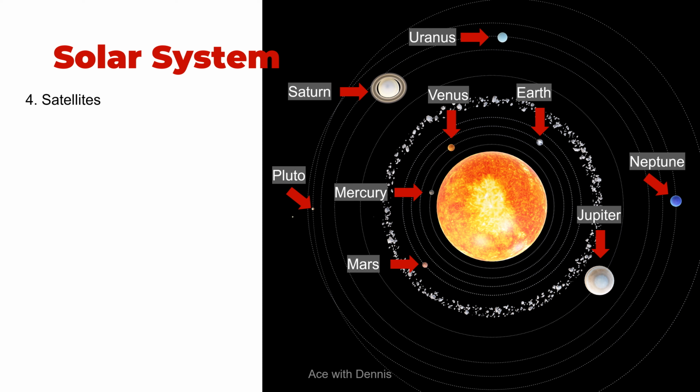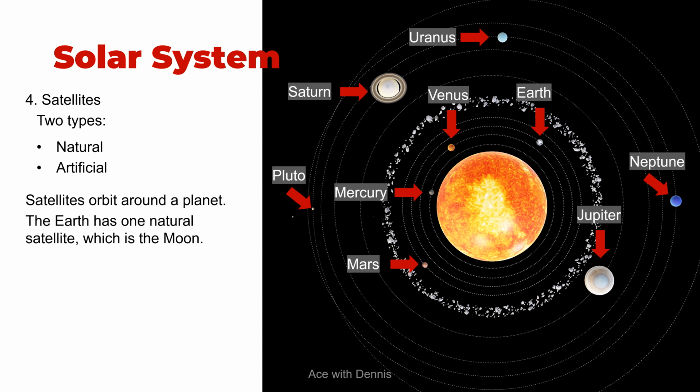4. Satellites. There are 2 types of satellites, which are natural and artificial. So what are satellites? Satellites orbit around a planet, and different planets have different numbers of satellites.